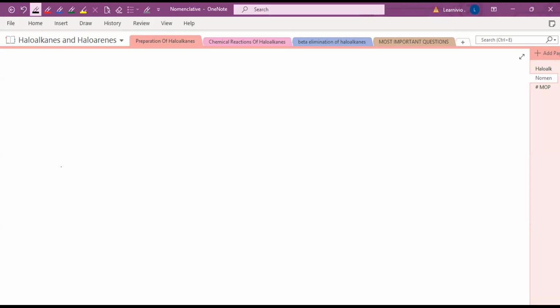Suppose I give you, it's an NCERT question, I'm just giving the formula C5H11Br. So the first step is to determine the possible carbon skeleton. What will be the possible carbon skeleton? Just draw it.